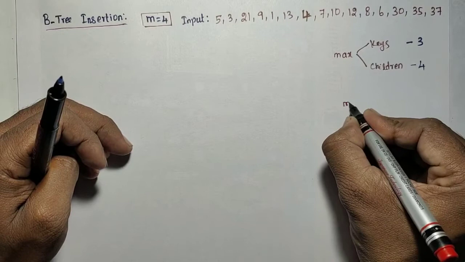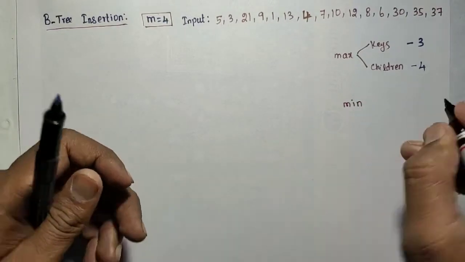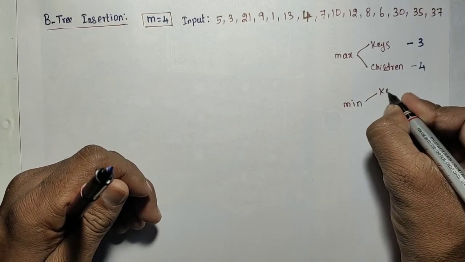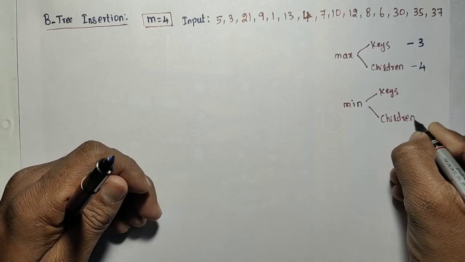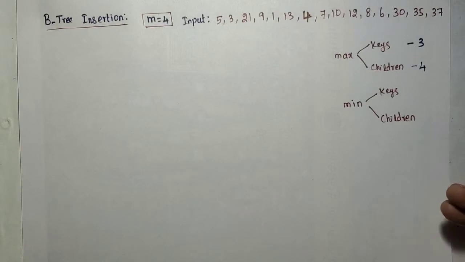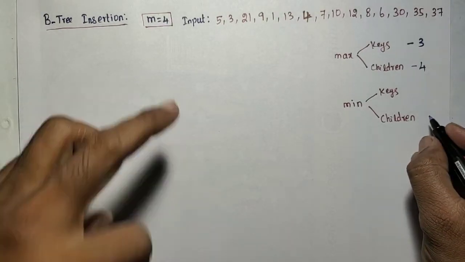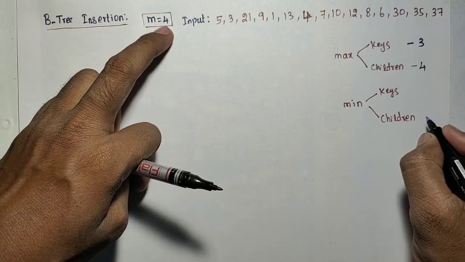And the minimum keys and children. The minimum is the ceiling of m by 2. So m by 2 is 4 by 2, which is 2.